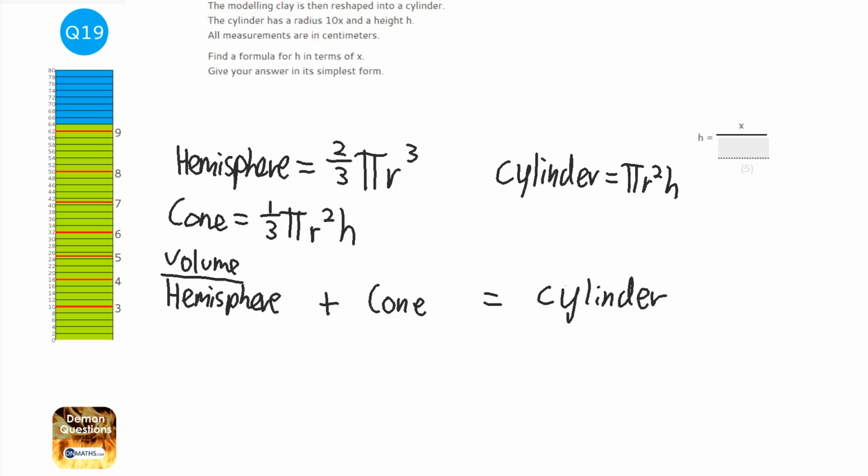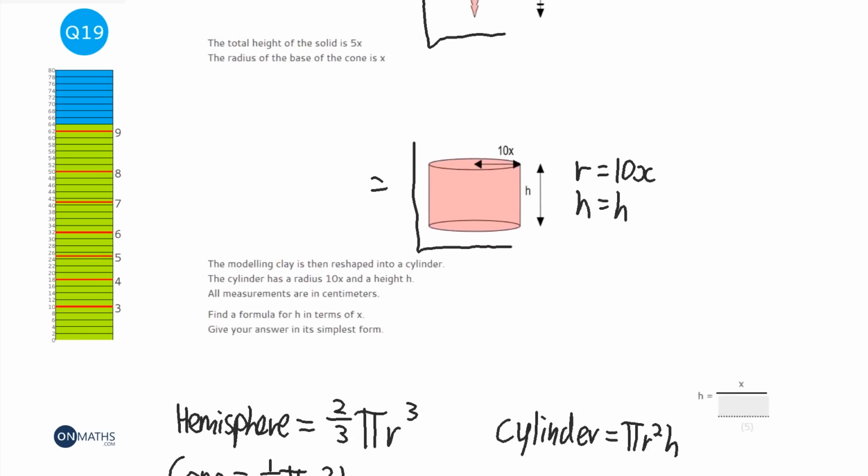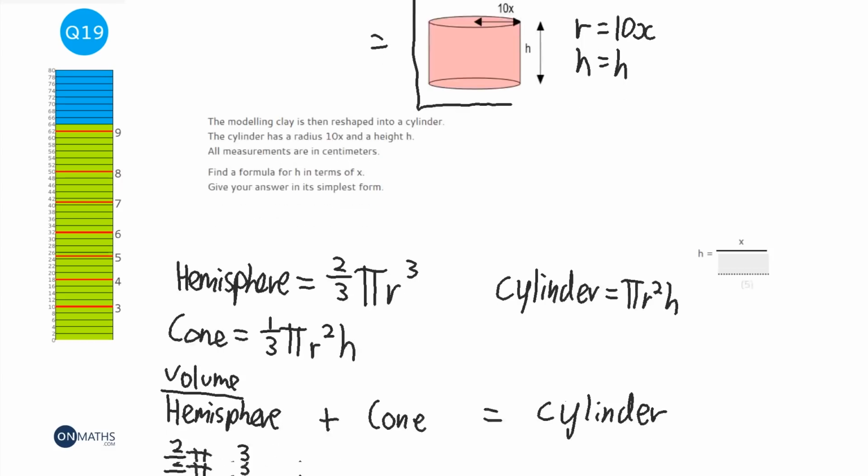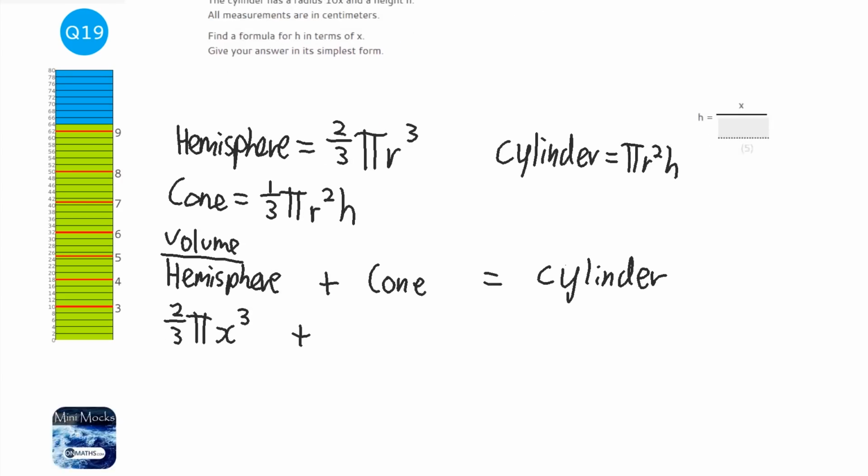So hemisphere is 2/3 pi, and we said that x was the radius, so x cubed, brilliant. So plus the cone. Now what did we say the height of the cone was? We said the height of the cone was 4x, so it's going to be 1/3 pi x squared because the radius is x, and times 4x.